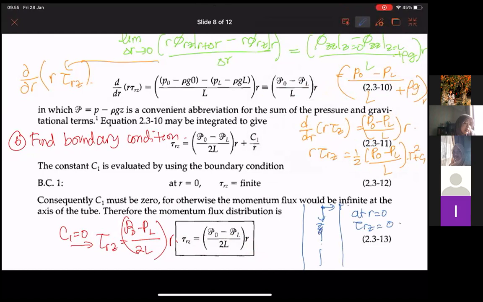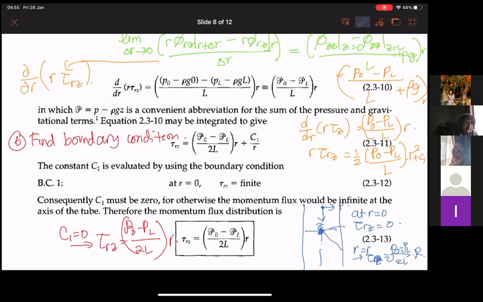So this is the 0. If R equal to capital R, tau rz would be P0 minus PL per 2L multiplied with R. So there would be a positive, both sides are positive.